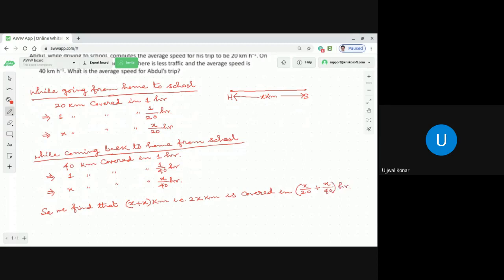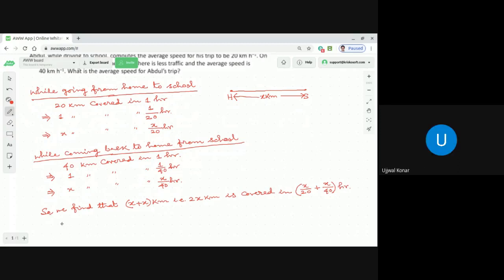So what is the average speed then? The answer is 80 by 3. Yes, correct you are. It is 80 by 3. So 2x kilometer is covered in x by 20 plus x by 40 hours. That means what is the average speed? Average speed should be the distance traversed divided by the time taken. Correct or not, Srivali?